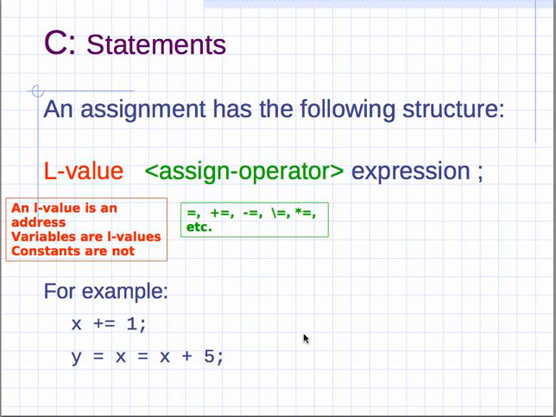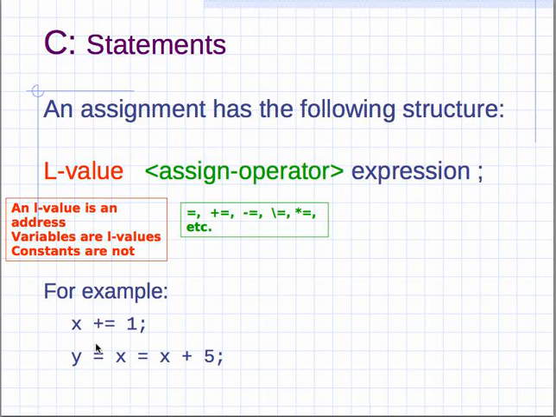So the standard example would be something like y equals x, but you can also have things like x plus equals 1, which means x is equal to x plus 1. For this, the expression is x plus 1, and the left hand side is x. So you're going to store the value x plus 1 into the address that's indicated by x.